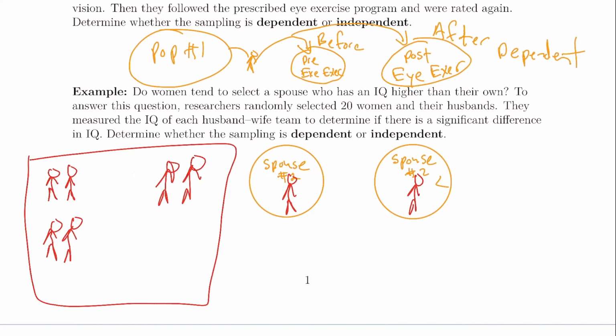So you don't have two independent populations, because you're essentially sampling from one population, and from that one population, you're getting the two groups. This is what they call a matched pair design, and this will also be considered dependent.